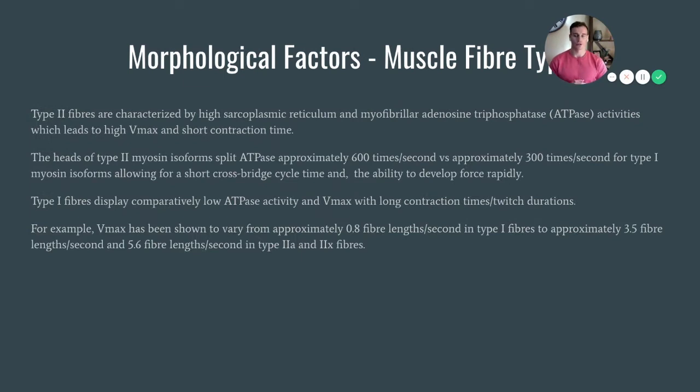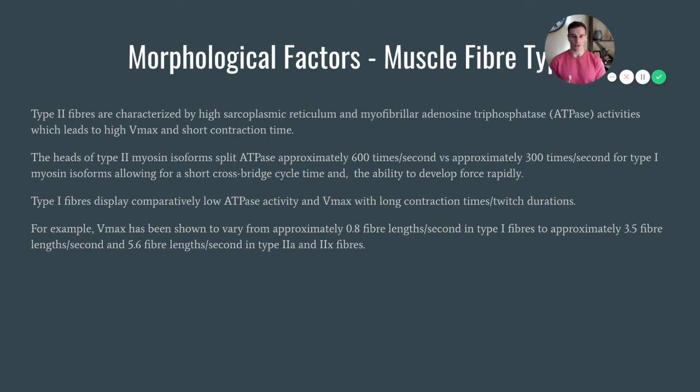Type 2 muscle fibers have a high sarcoplasmic reticulum and high myofibrillar adenosine triphosphatase activity, a bit of a mouthful there, which allows you to produce high velocities and short contraction times.